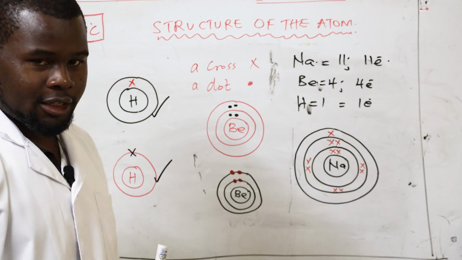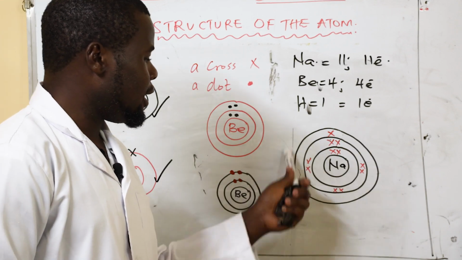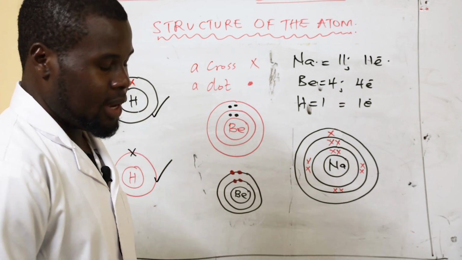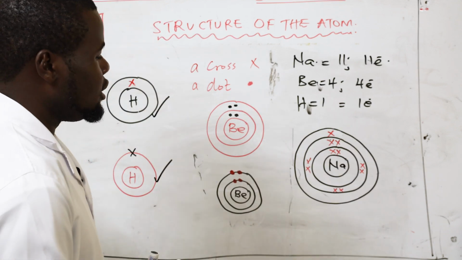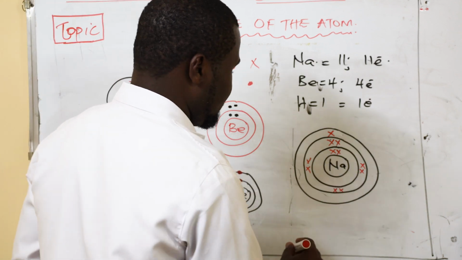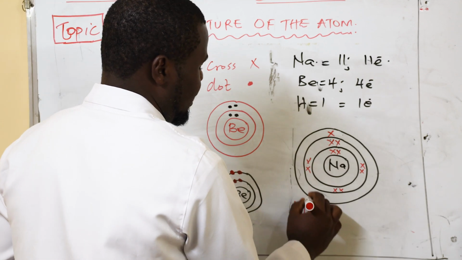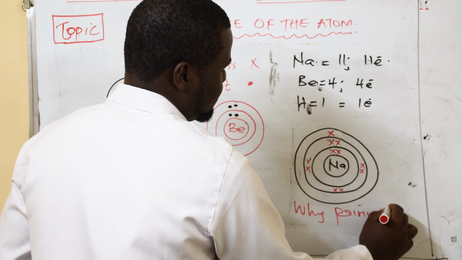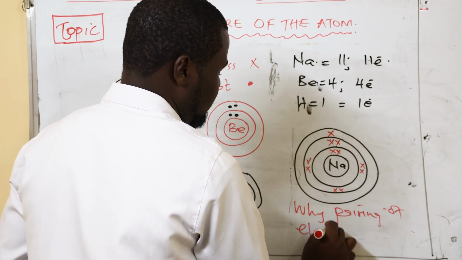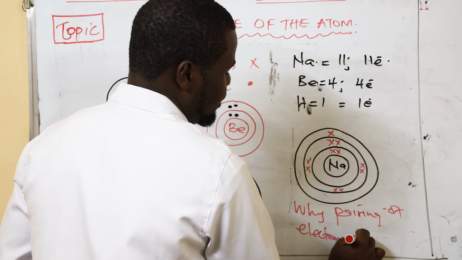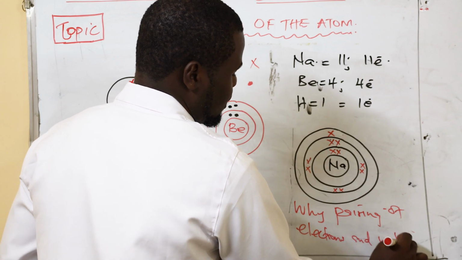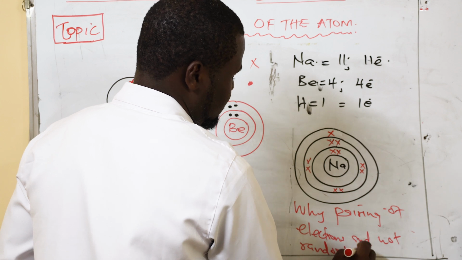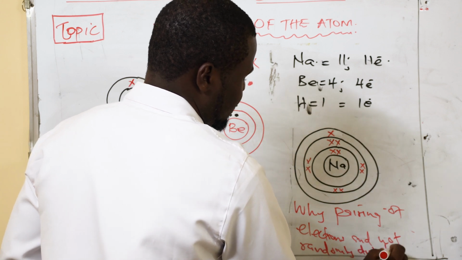Now the question is, why am I having 2 electrons each paired and not just distributing them randomly? Why pairing of electrons and not randomly distributed?